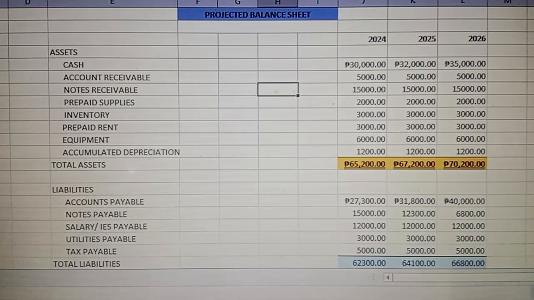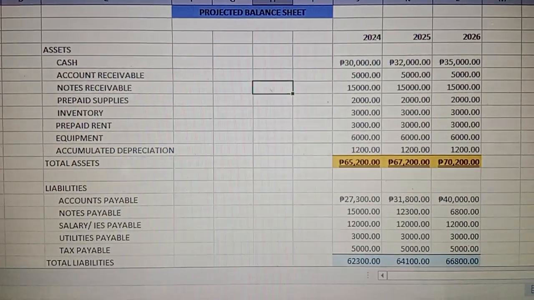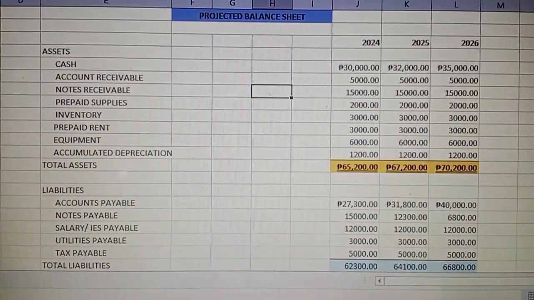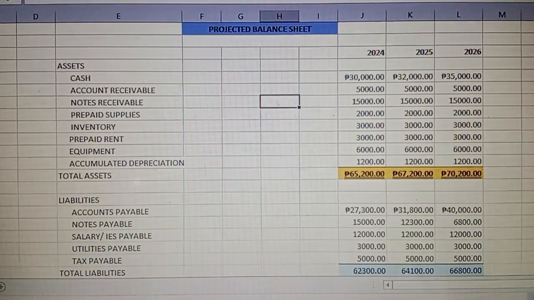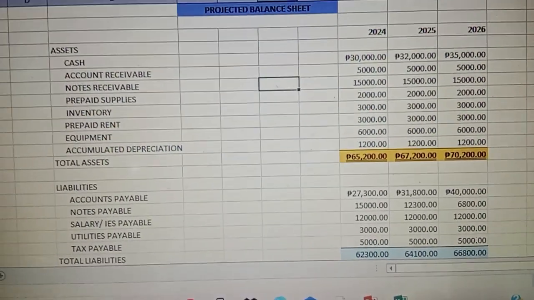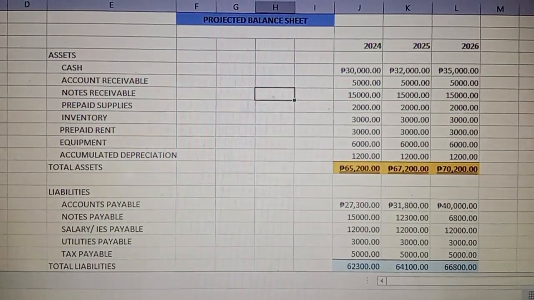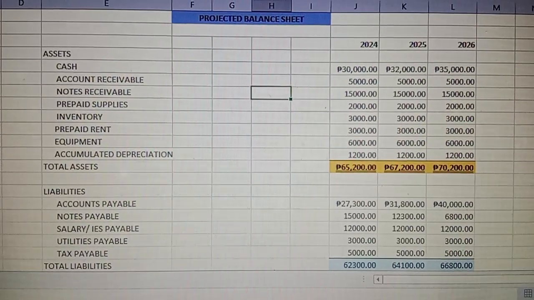If in case they cannot pay it for 1 month, you will put an increase of 1% or 2%, depending on you, as an interest receivable. So interest receivable is another one, or interest gain, but I did not put it there.